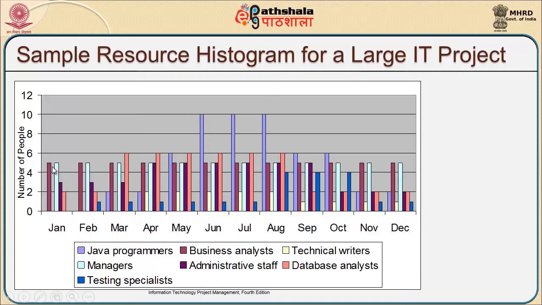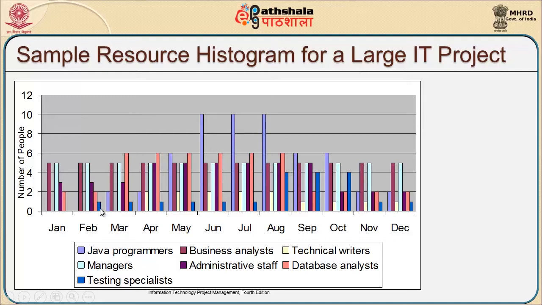If you look at the entire chart, the involvement of the developer is high only for a certain duration, then it quite often decreases. Whereas if you look at the other roles, the involvement of manager, analyst and the administrative staff is quite normal throughout the project, and the involvement of the software testing engineer dominates only after the development has actually happened.